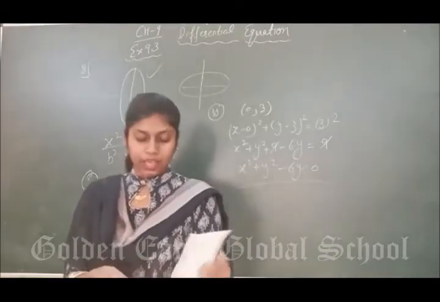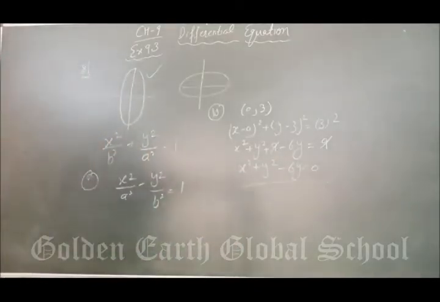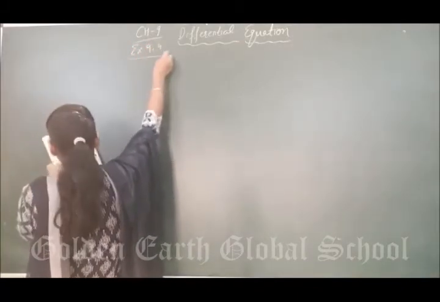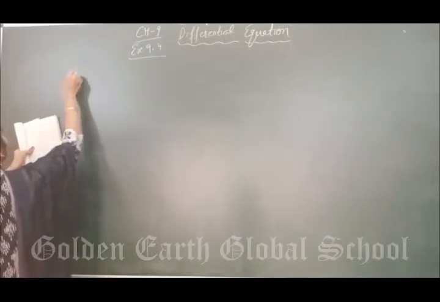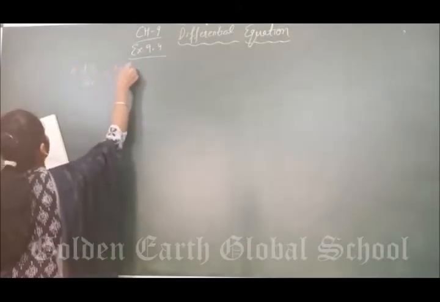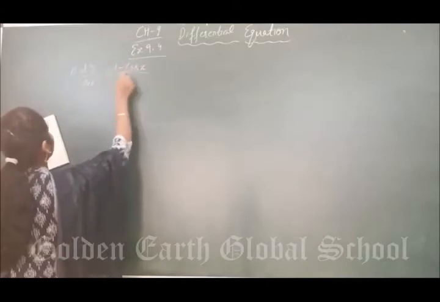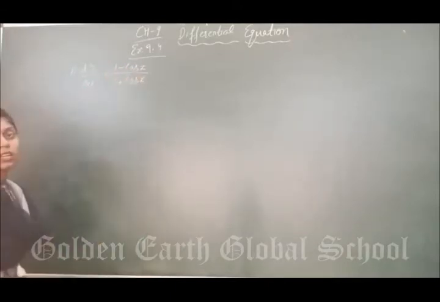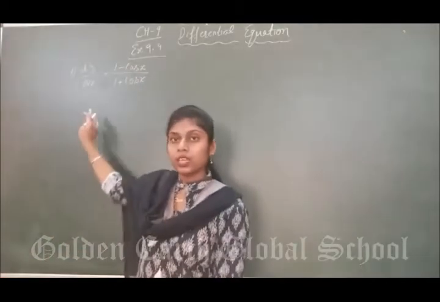In exercise 9.4, see how to solve the questions. Exercise 9.4, find the general solution: dy by dx equals 1 minus cos x upon 1 plus cos x. Differential equation is given.